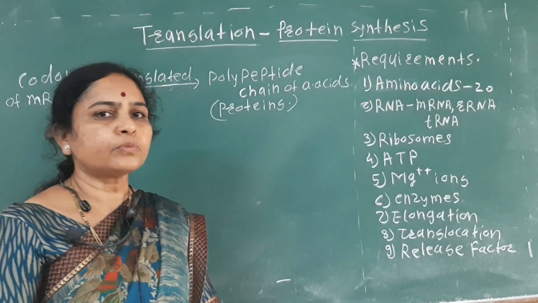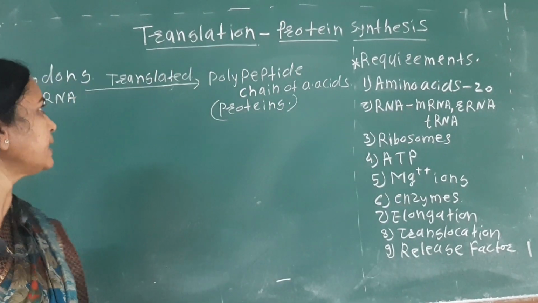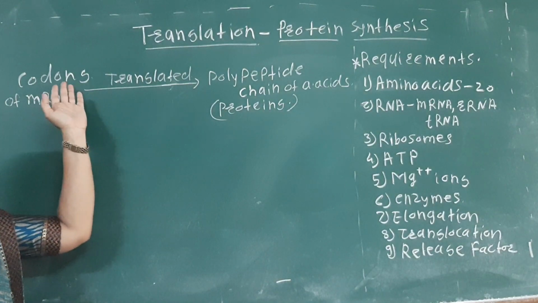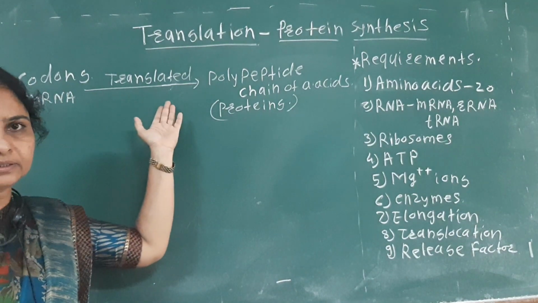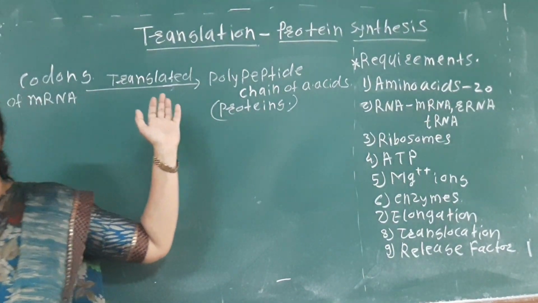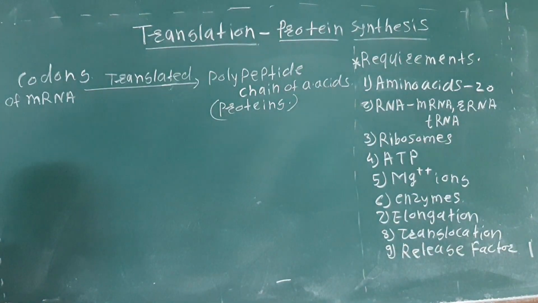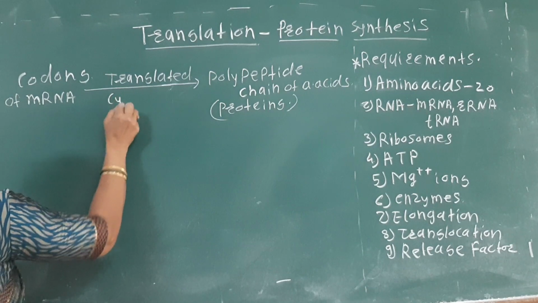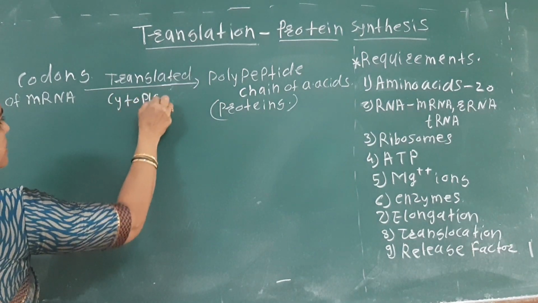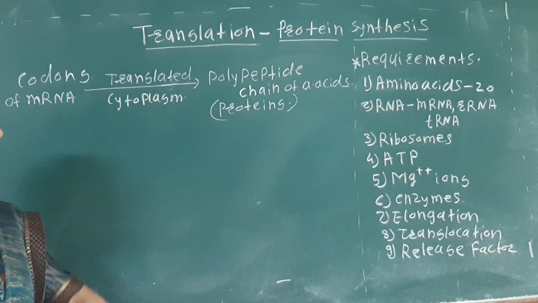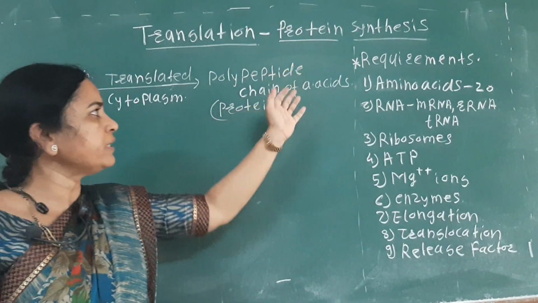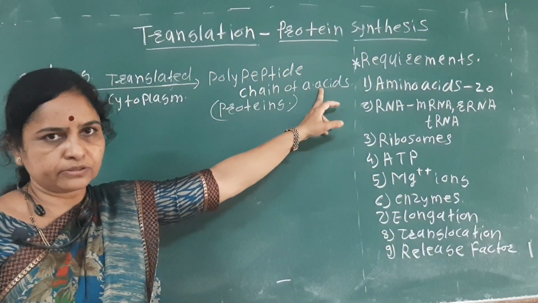So how does protein synthesis take place? The codons of the mRNA get translated in the cytoplasm of the cell, and when they are translated, they produce a polypeptide chain of amino acids.